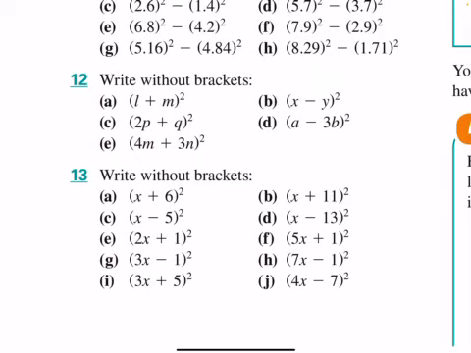5x plus 1 squared: 25x squared plus 10x plus 1. They stay the same. Once you practice enough, you just look at the exercise. What an easy thing. 3x plus 5 squared: 9x squared plus 30x plus 25. You just look at it and know the answer, because you practiced enough.